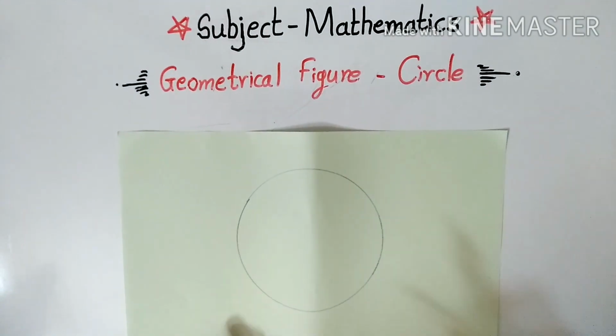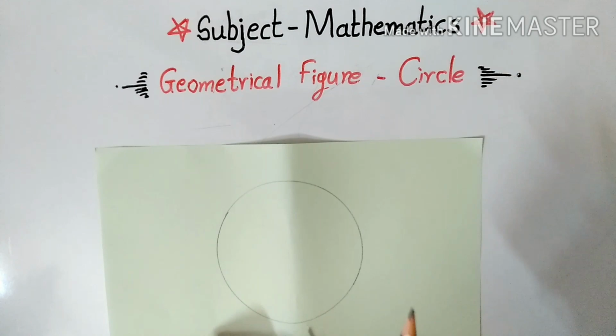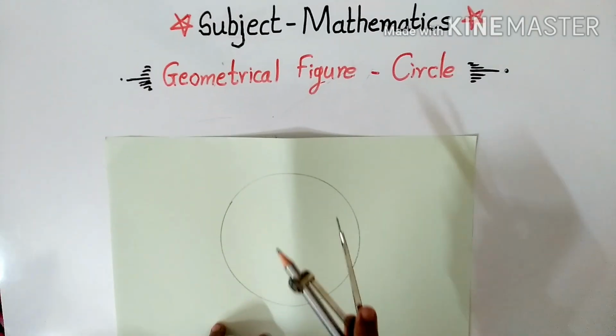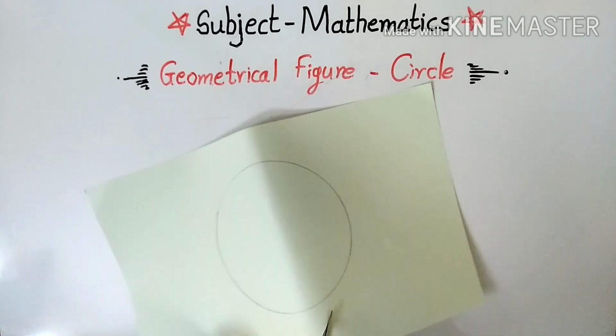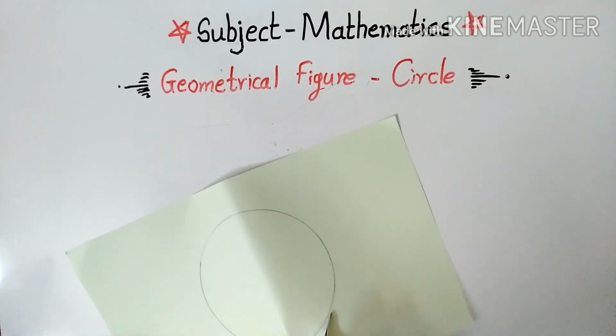In this way, we can draw a circle with the help of the compass. Now, we will cut this circle with the help of scissors.